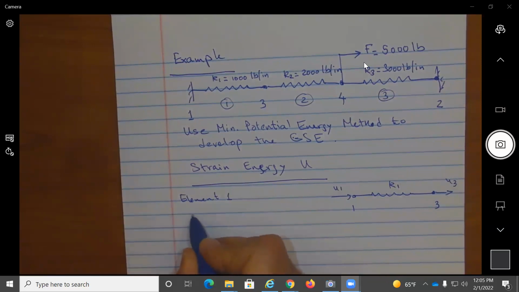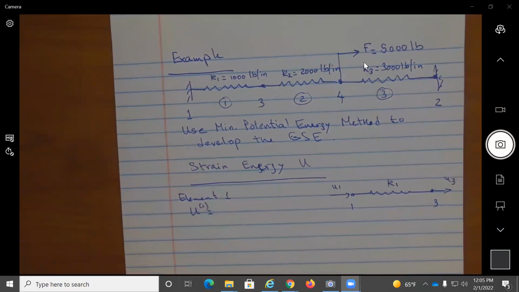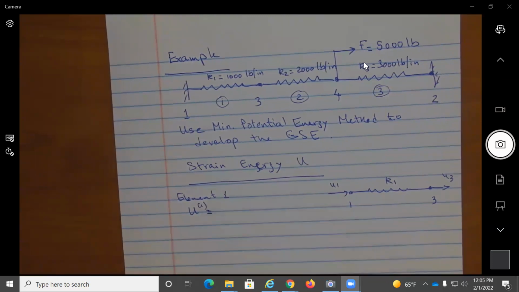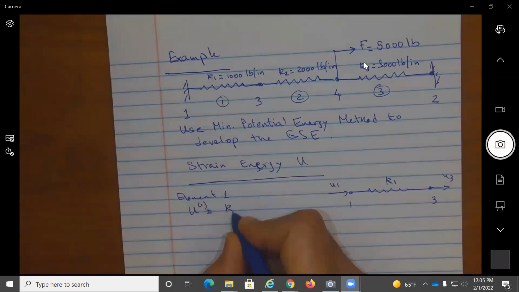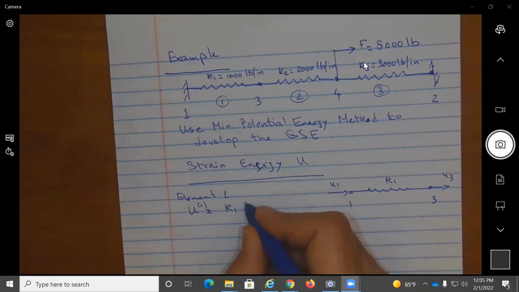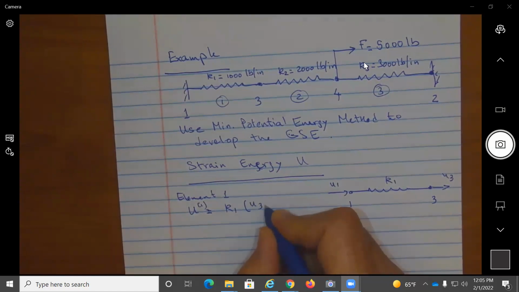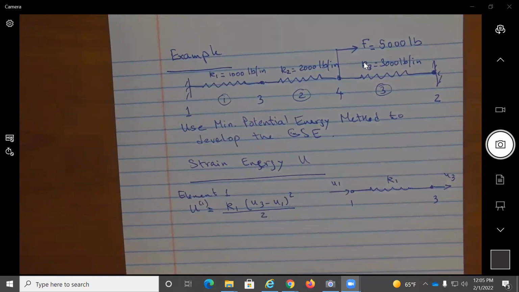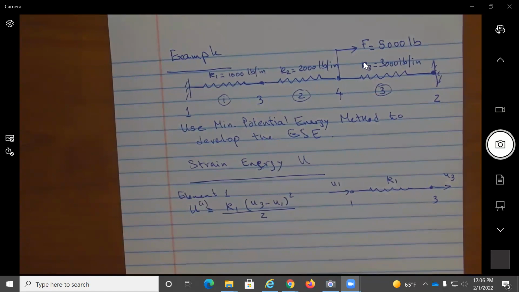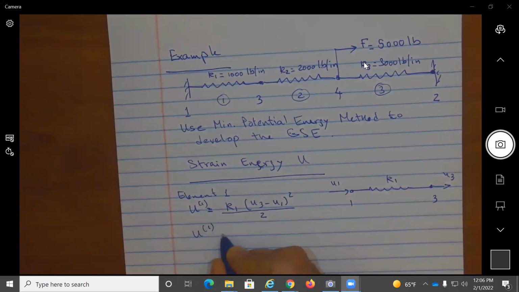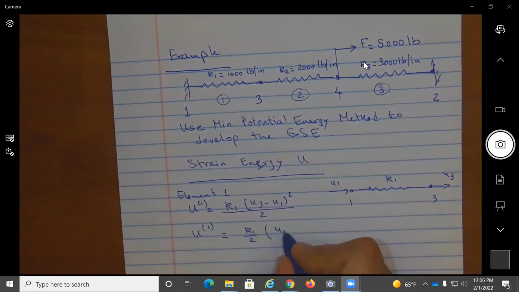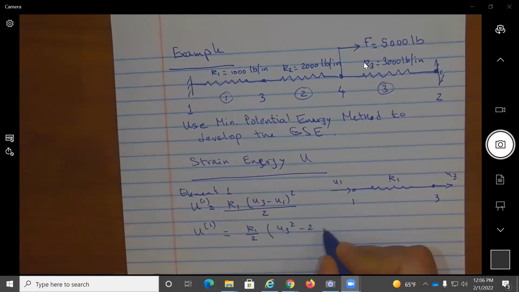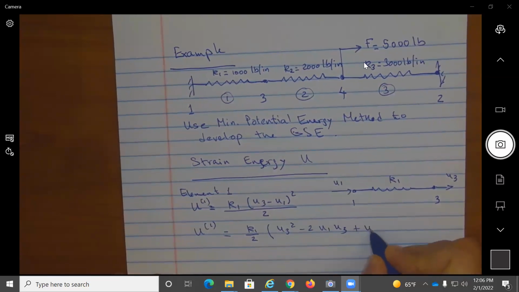So I can write U for element 1 as equal to the area under the curve, or K1 multiplied by U3 minus U1 squared over 2, which I can expand and say U for element 1 is equal to K1 over 2 multiplied by U3 squared minus 2 U1 U3 plus U1 squared.